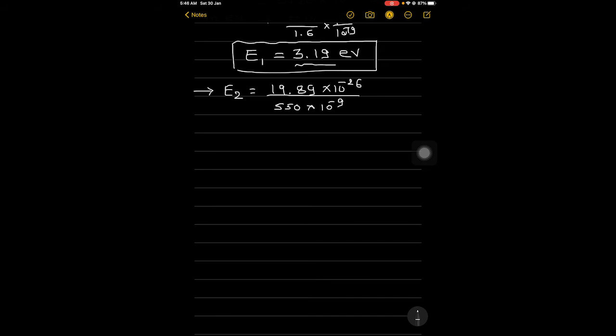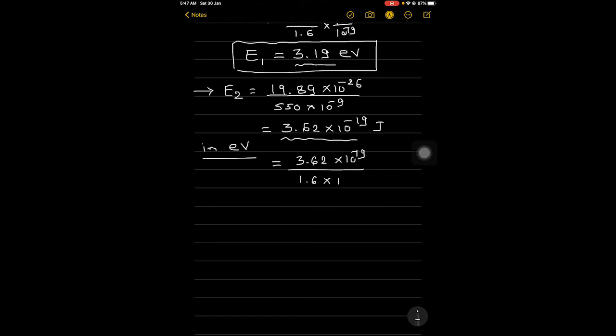This will be about 3.62 into 10 raised to minus 19 joule. Now again, to convert to eV, we write 3.62 into 10 raised to minus 19 divided by 1.6 into 10 raised to minus 19.